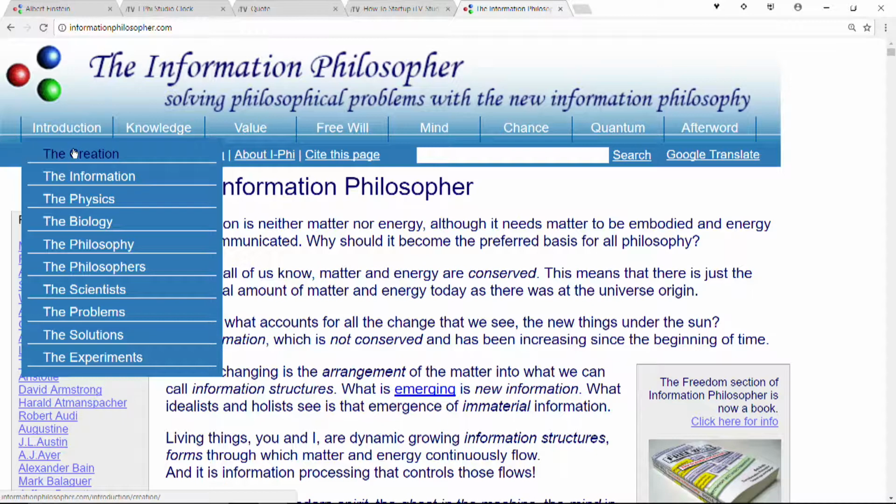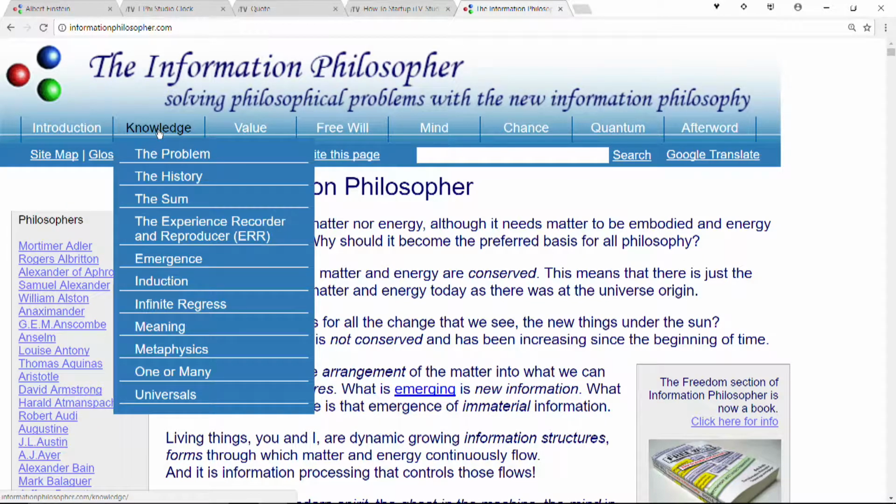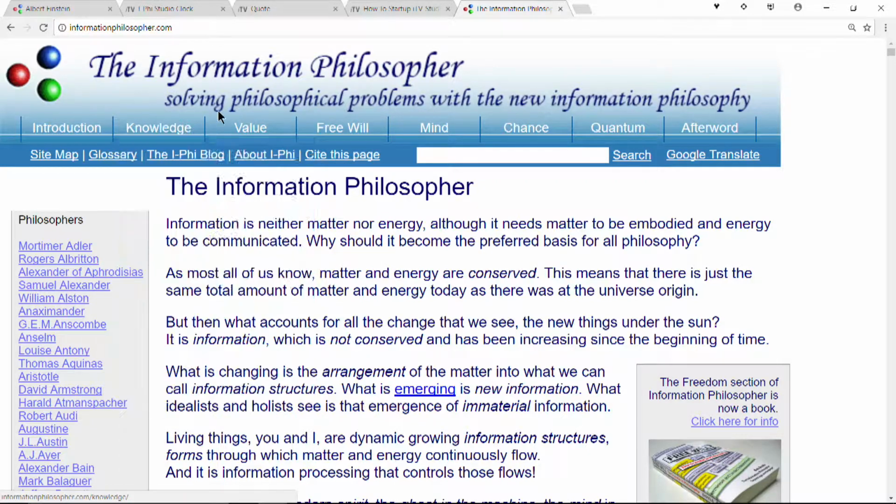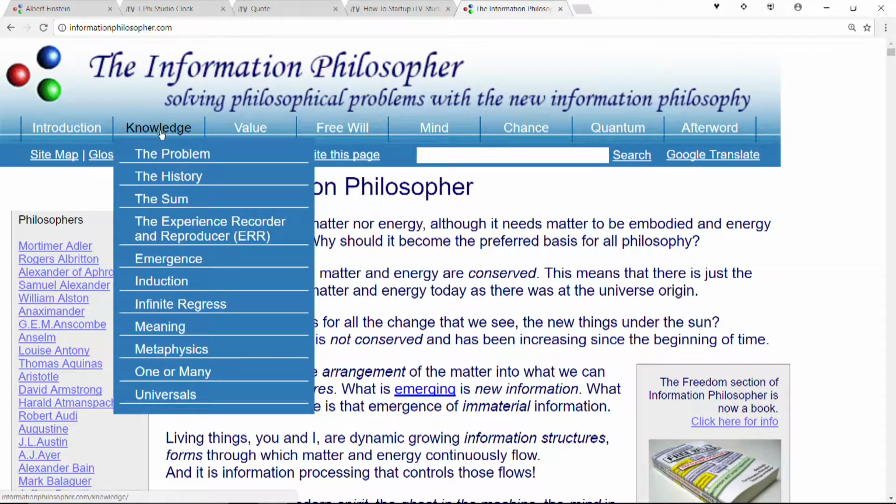Under the introductions section, I've got the creation of information, the physics behind the story, and so forth. And under my knowledge drop-down, this was one of my early works, I'm basically dealing with epistemology, and there I introduce a number of arguments for how it is that we know what we know.